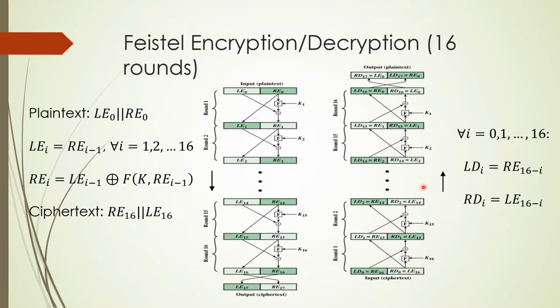If you don't have the key and only have the ciphertext, reconstructing the plain text should be computationally infeasible, which means it should take a very, very long time. And in order to make sure that this mechanism is safe, the Feistel encryption and decryption algorithm will happen in 16 different rounds. In each round, the input comes from the previous round and the output goes to the next round as an input.